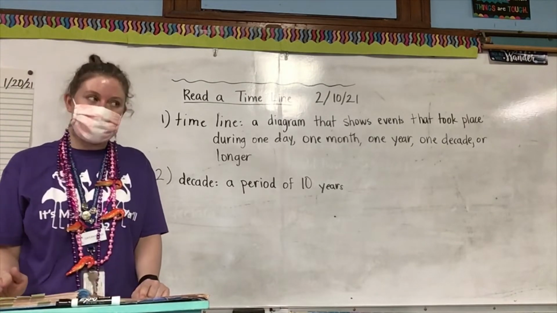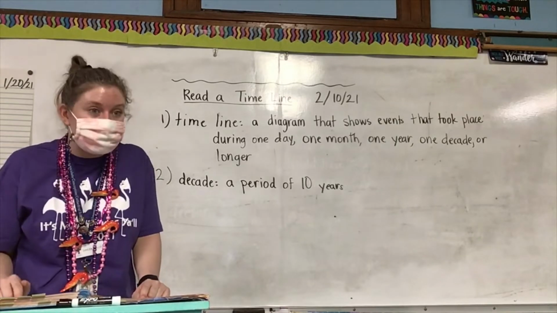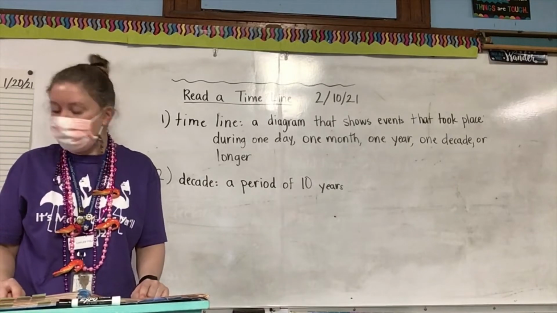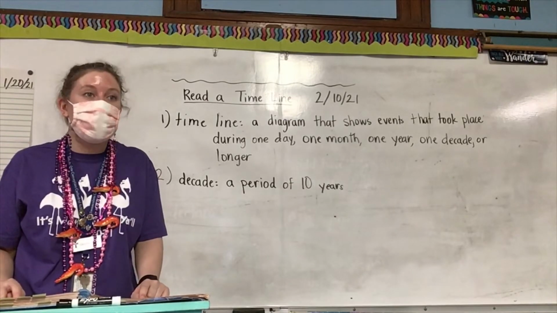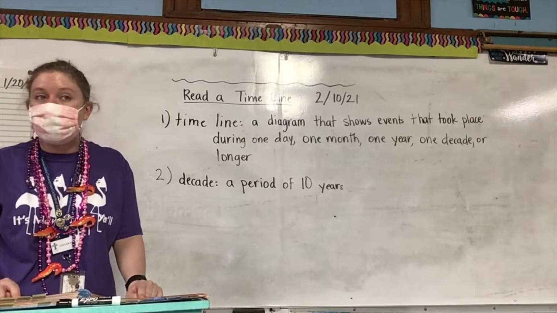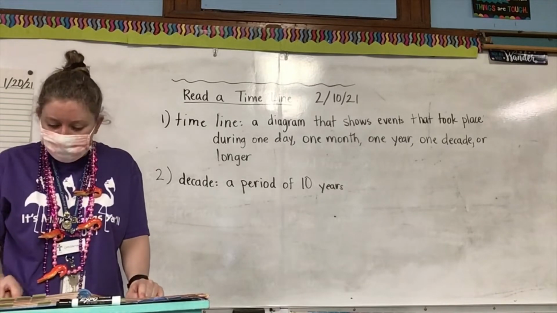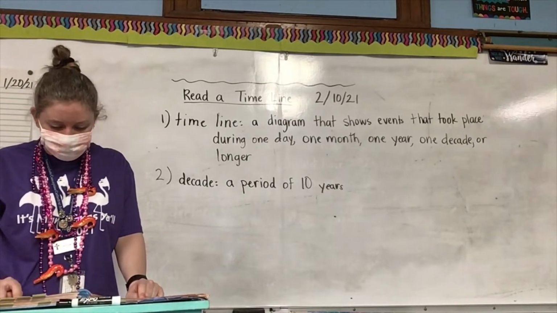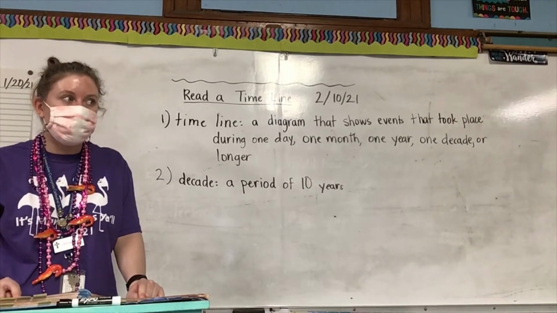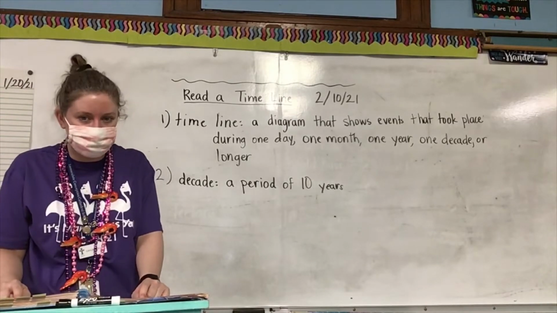Now the latest date is the one that's most recent. What is the latest date that appears on this timeline? Aaron. 1901. That means everything on this timeline happened between 1601 and 1901. Now 1901 is the latest year, the most recent date. But what was the most recent event on this timeline?